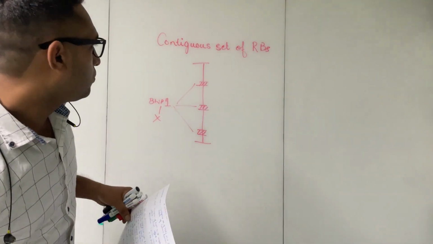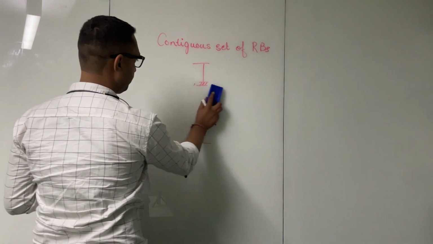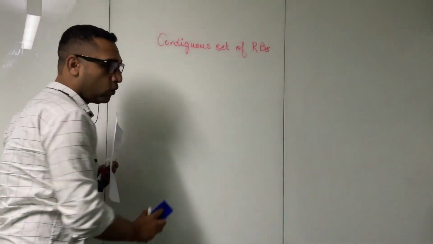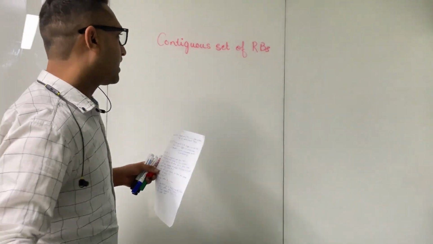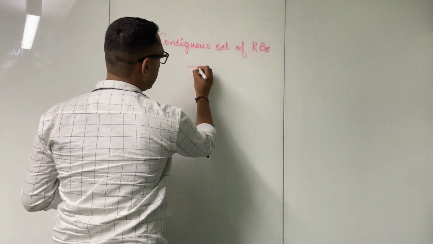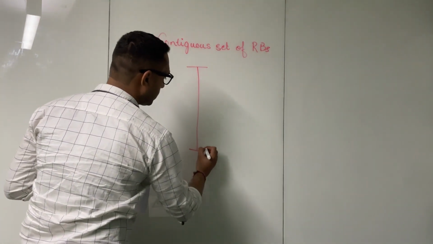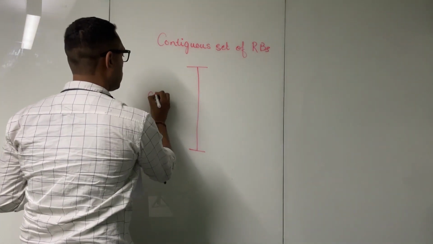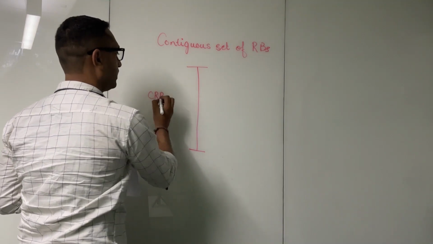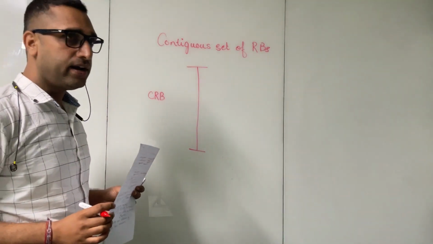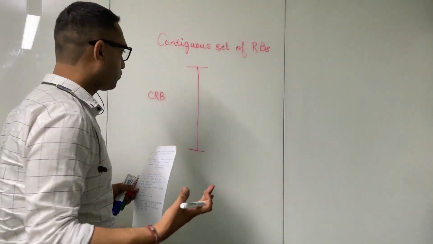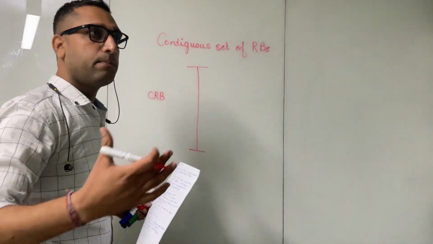Okay. So in 5G, we call the whole bandwidth a set of CRBs, or common resource blocks. This can be divided into a subset of resource blocks which will be called PRBs.